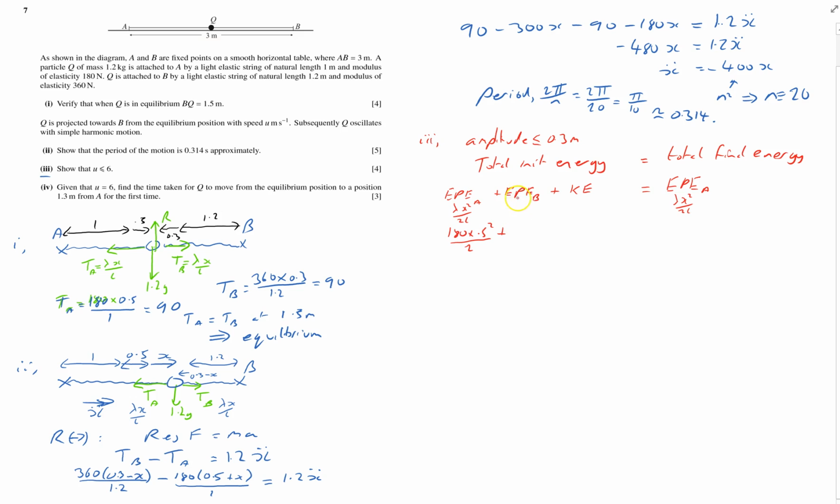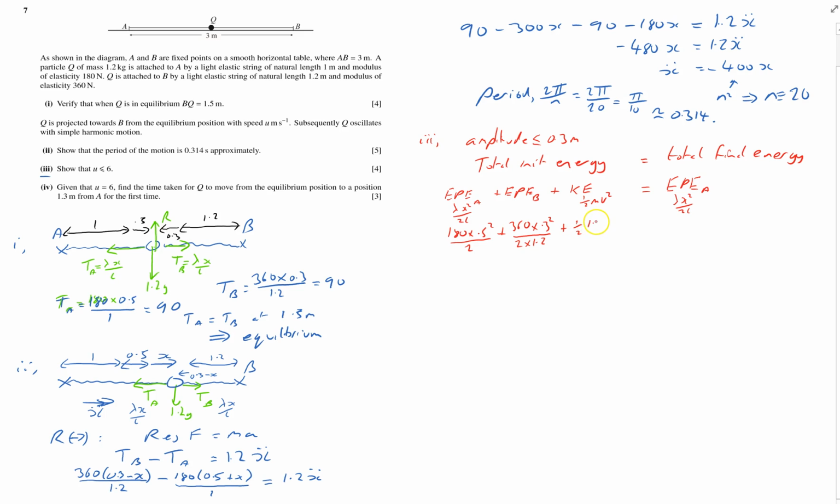I've got to add on the elastic potential energy of B, which is 360 times the extension, which is 0.3 squared, don't forget the squared, over 2L, so that's 2 times 1.2, and plus, I forgot to write the formula for this, half mv squared.